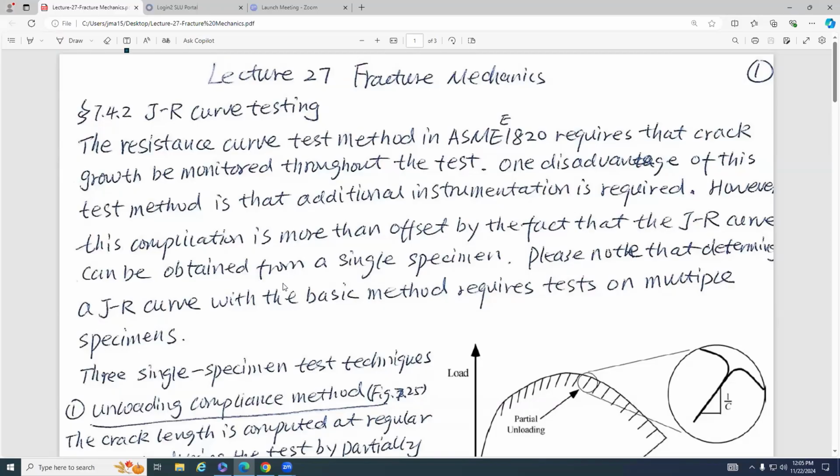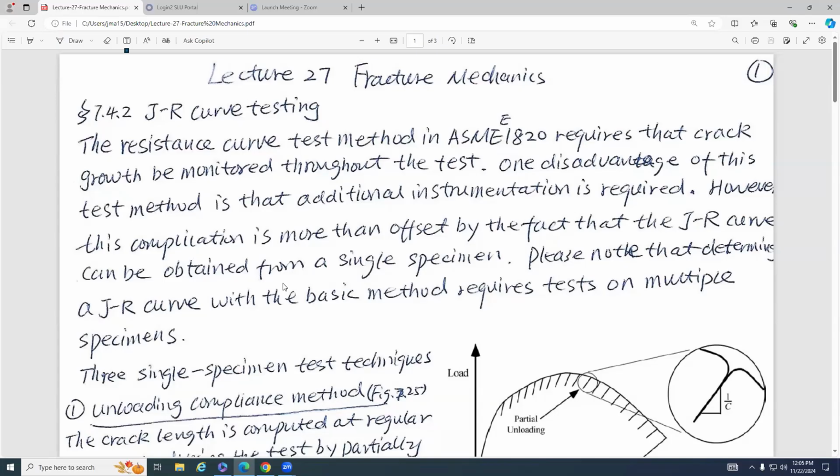We have talked about these means very briefly at the very beginning of chapter 7, when we talked about what kind of equipment and devices we will need. Here we talk about this specific JR curve testing and how we can use these methods to get the JR curve.